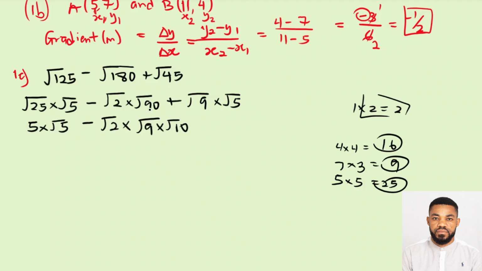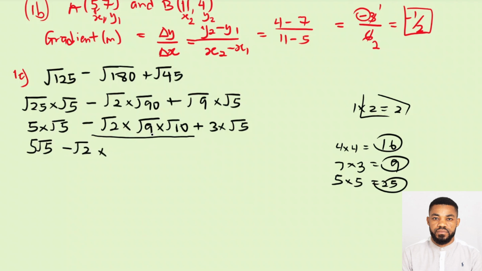We can still simplify 90, and that is what we are getting. We come to this one. The root of 9 is going to be 3 times the root of 5. Good. At this point, we can simplify these guys. 5 times the root of 5 is going to be 5 root 5. This is where the problem is. We have to simplify this guy. Now, minus the root of 2 times.